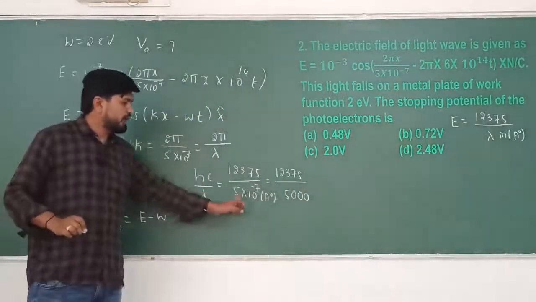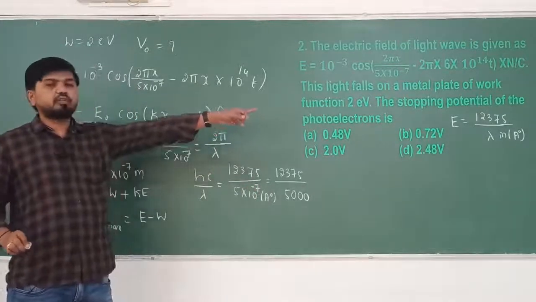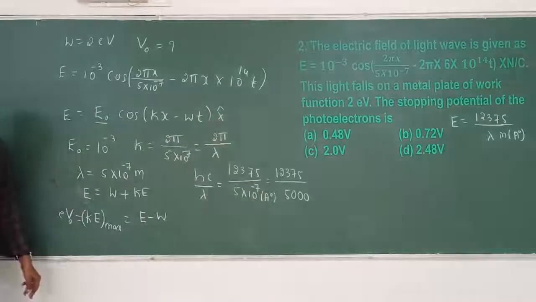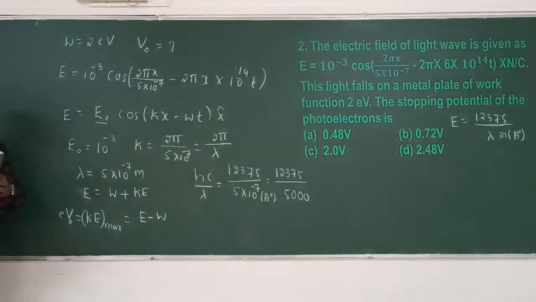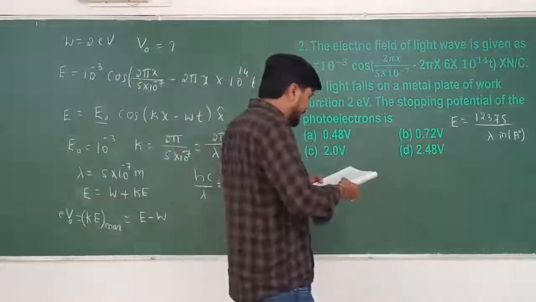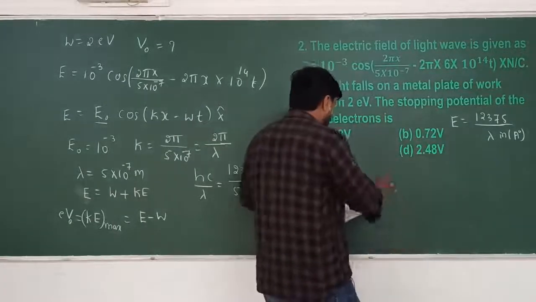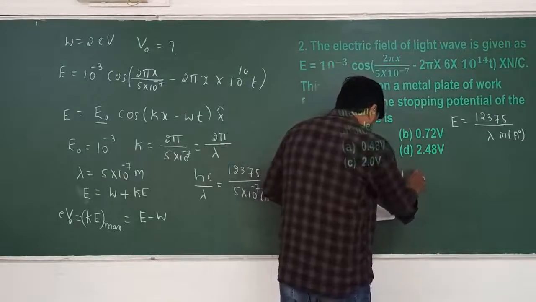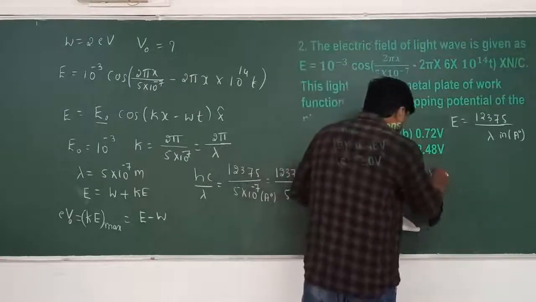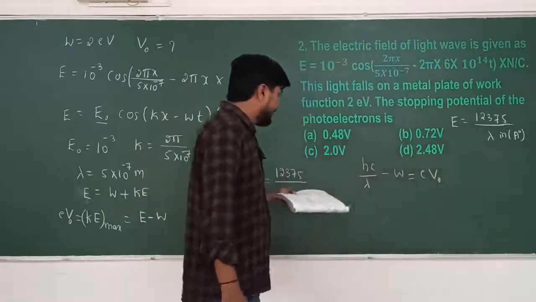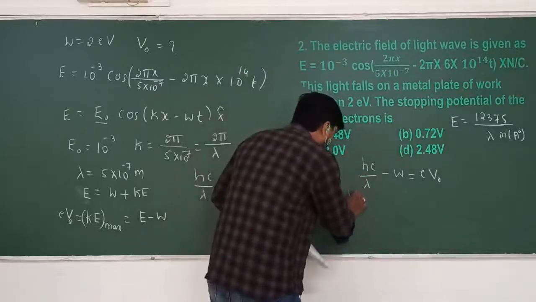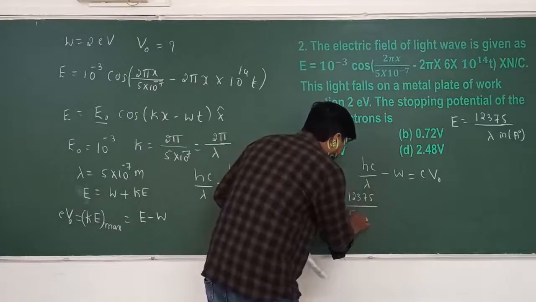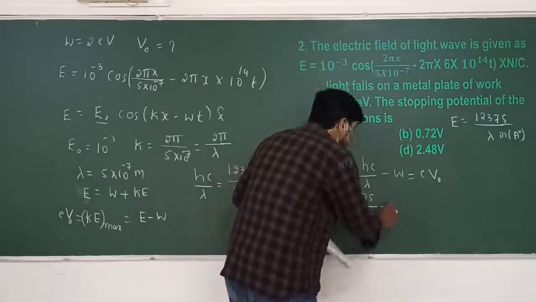Don't write 5 into 10 power minus 7, because that standard formula applies when the wavelength is in Armstrong. So my final formula is hc by lambda minus W is equal to eV naught. hc by lambda means 12375 divided by lambda 5000, minus the work function.